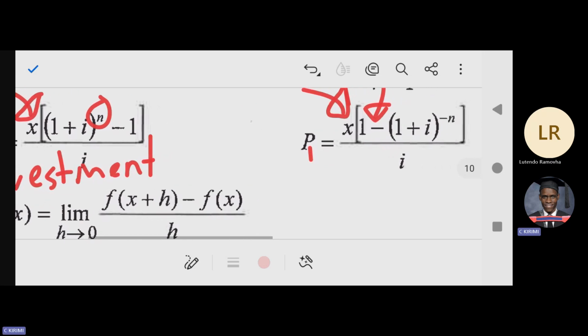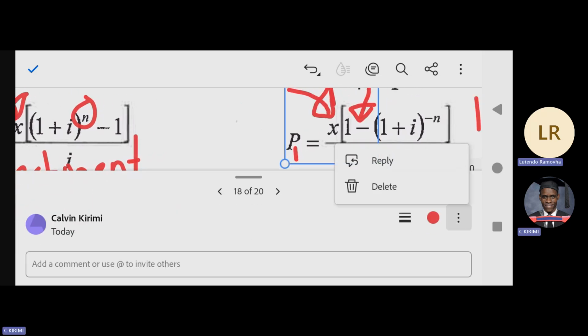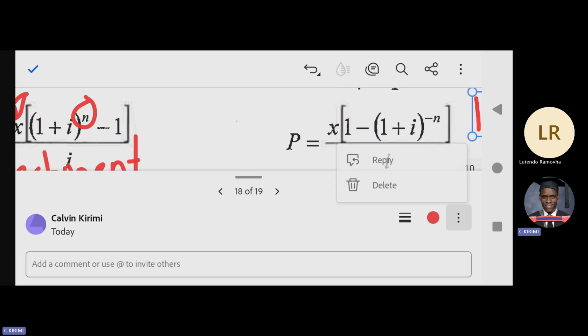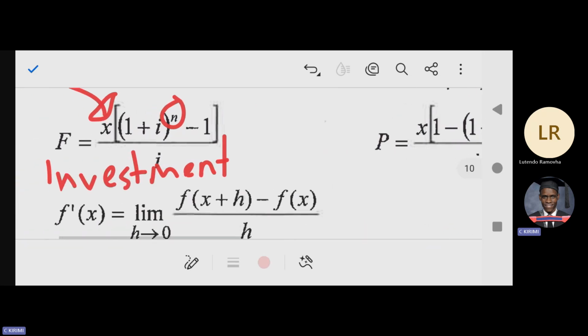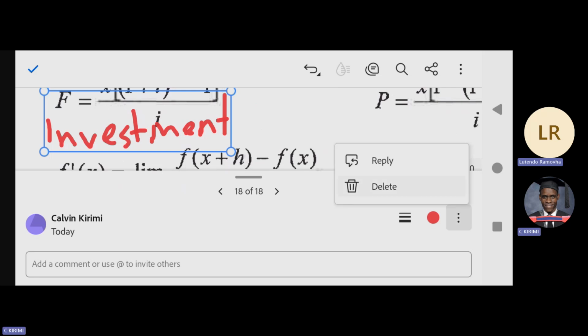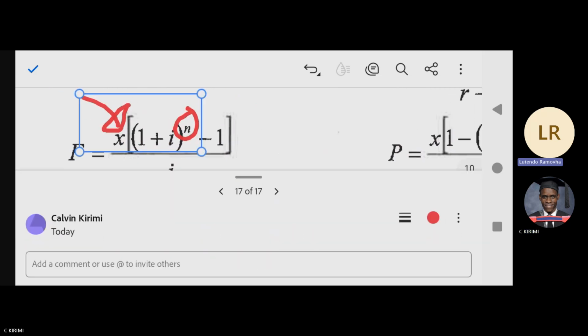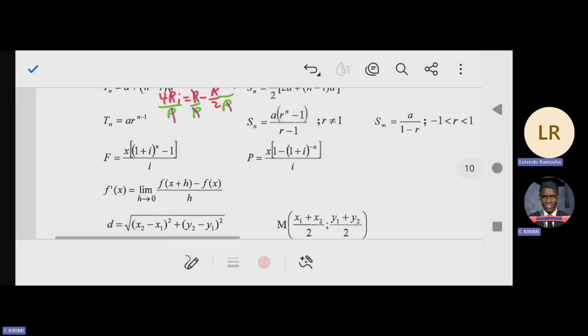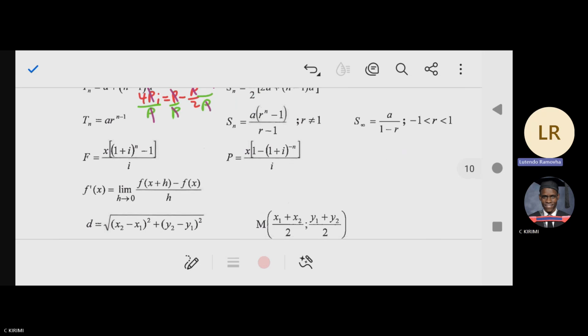So I want you to look at the difference between those formulas. Tell me what you are going to notice in terms of the difference of the formulas. In the future value formula, where we're investing, the (1 + i) all to the power of n, we are subtracting 1 from it.